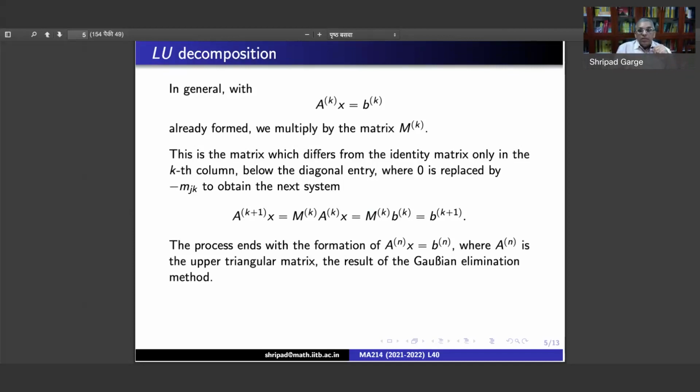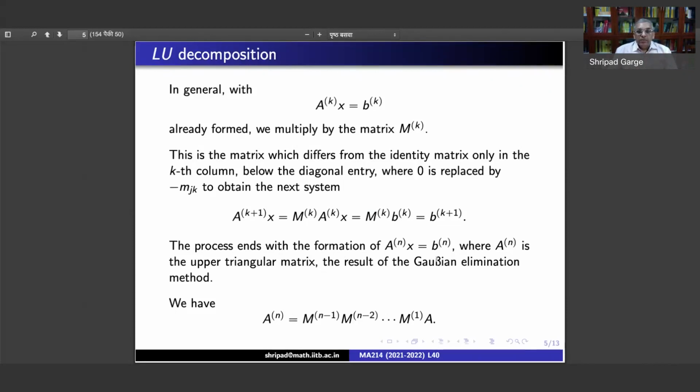Okay. And so you will have AN. Remember, we started with A, which is A1. We multiplied that by M1. Then we multiply by M2 and so on up to Mn minus 1. And so we are only eliminating the variables x1 from E2 onwards, x2 from E3 onwards, and so on up to xn minus 1 from En.